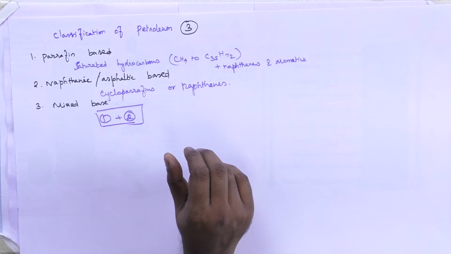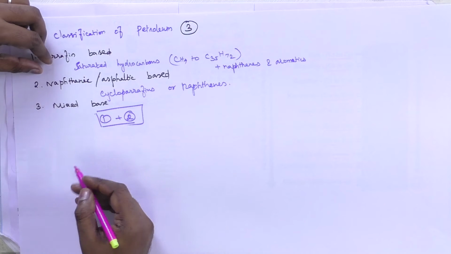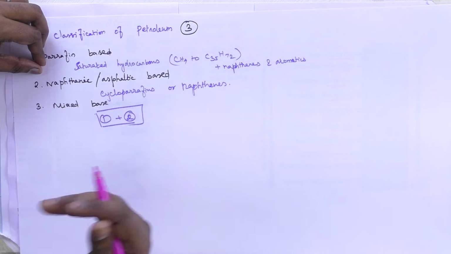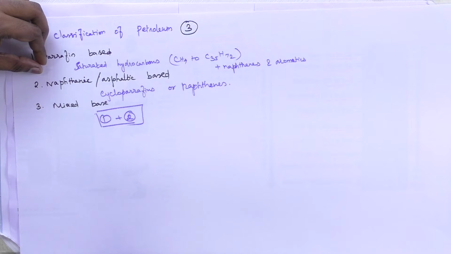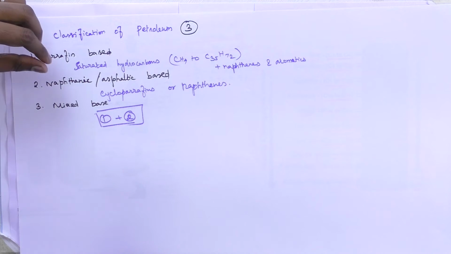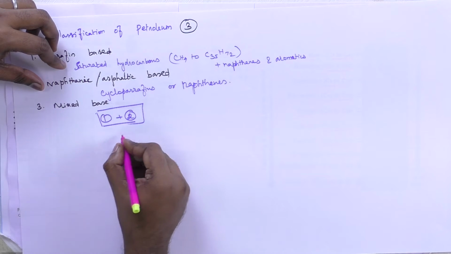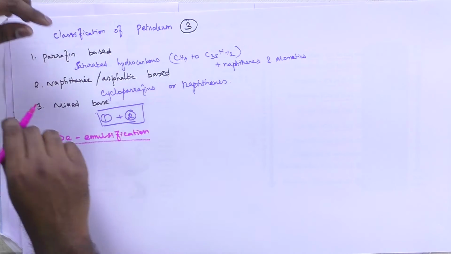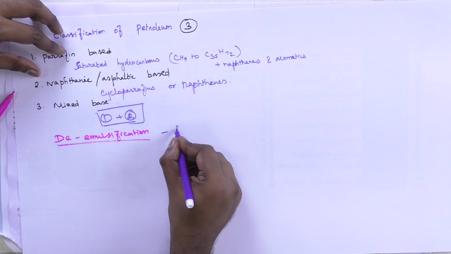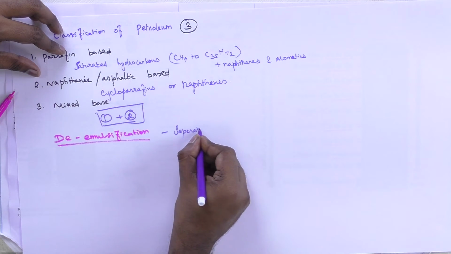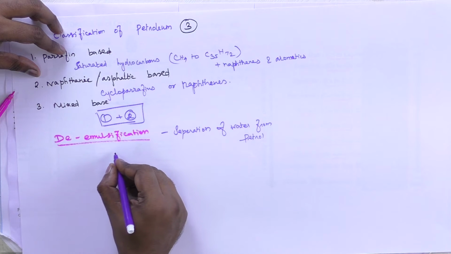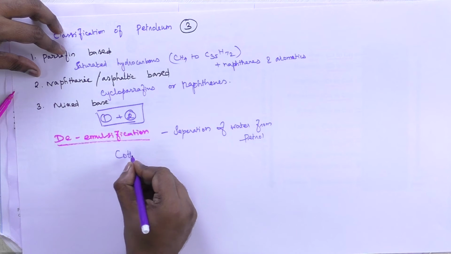And one more process is the separation of water from petrol, which is called demulsification. Demulsification is the process of separation of water. This process is called the Cottrell process.